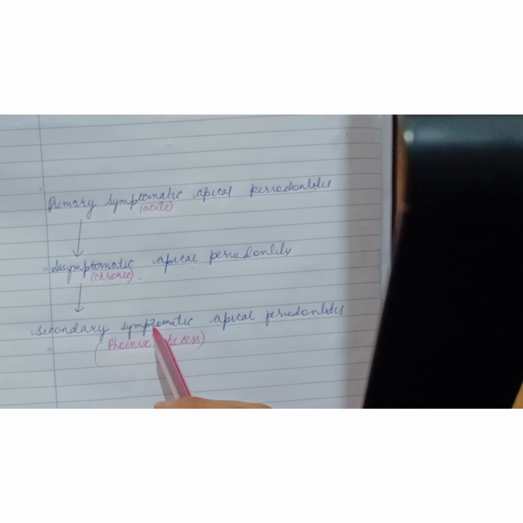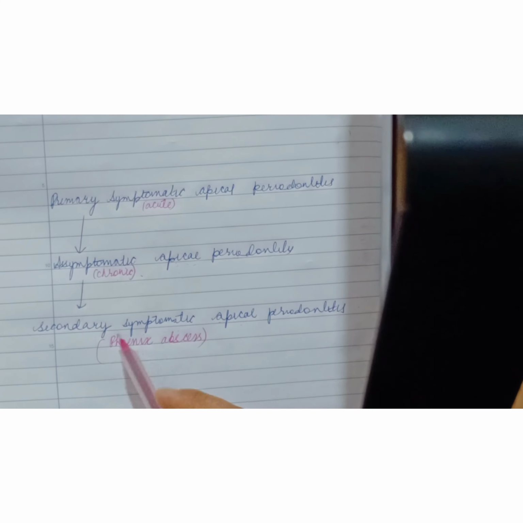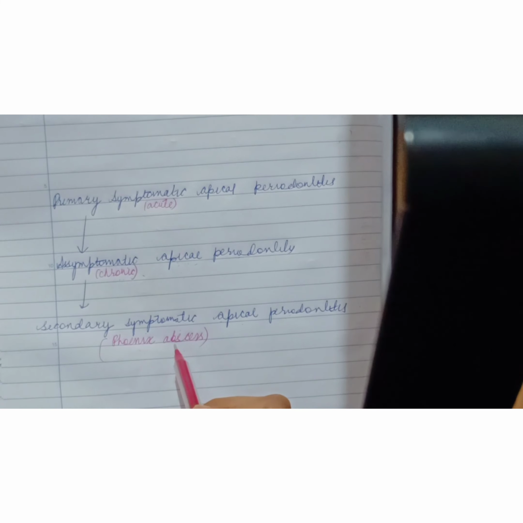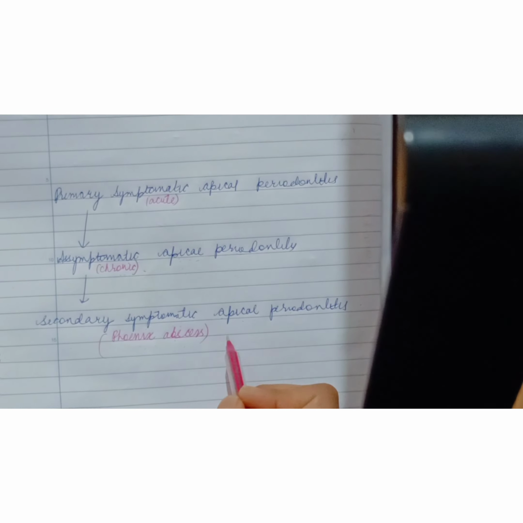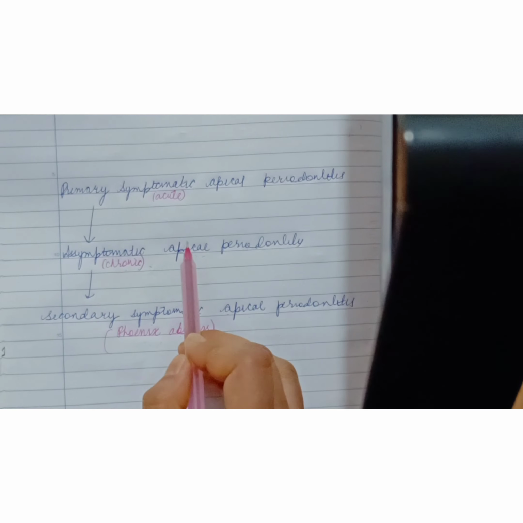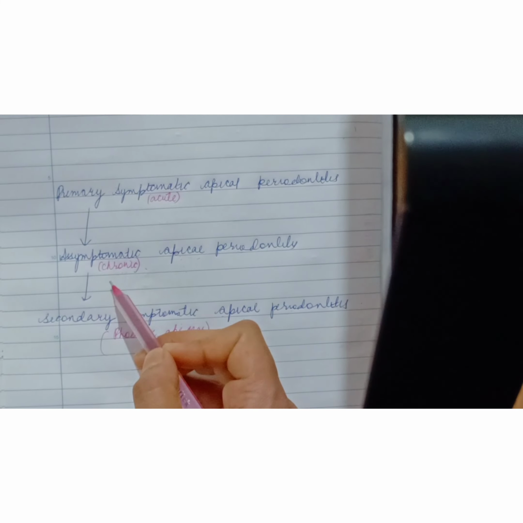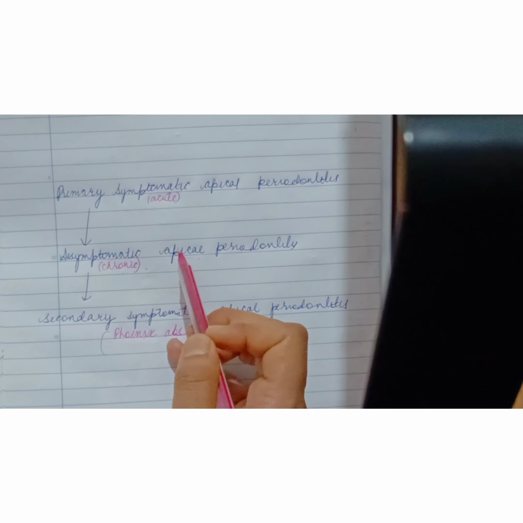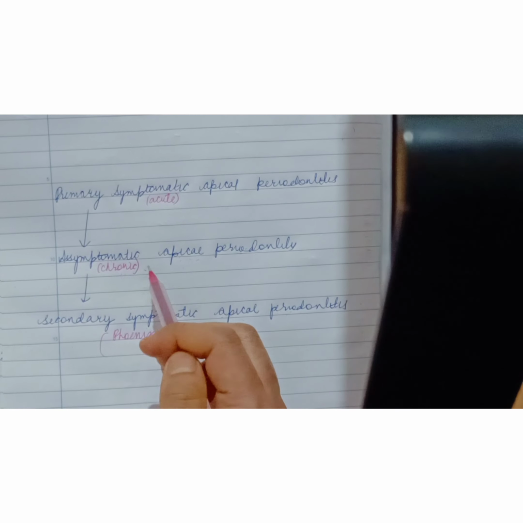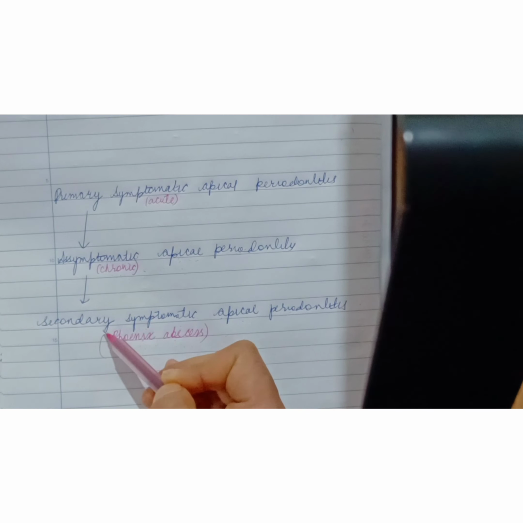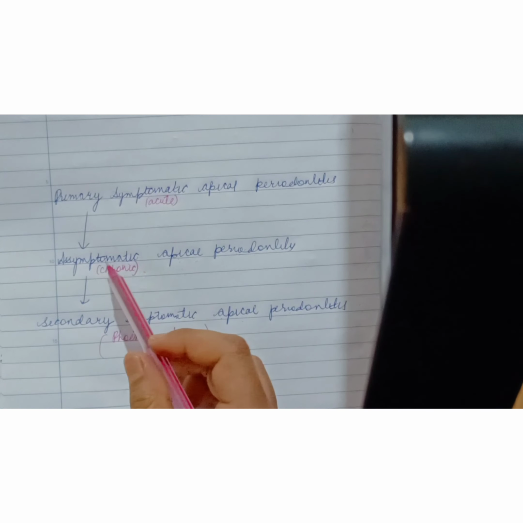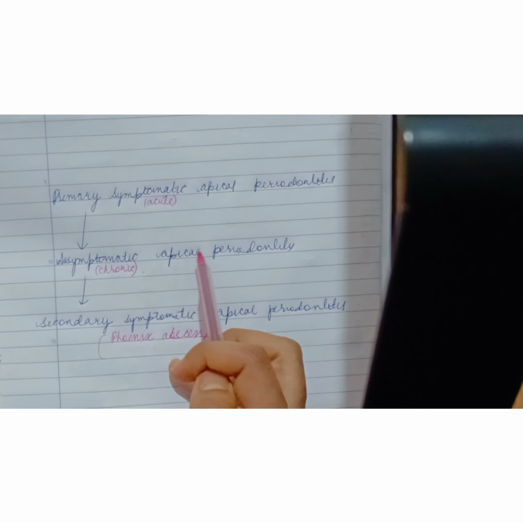There occurs secondary symptomatic apical periodontitis, and this is nothing but the phoenix abscess, also known as acute exacerbation of the asymptomatic apical periodontitis. What is a phoenix abscess? It is the acute exacerbation of the asymptomatic apical periodontitis, nothing but the chronic condition turned into acute.